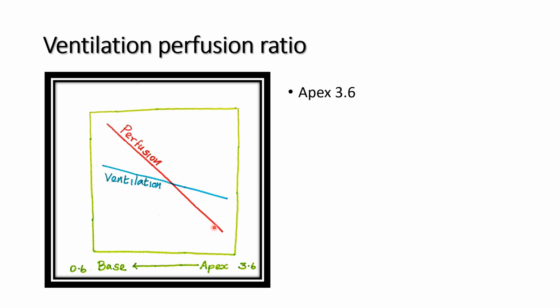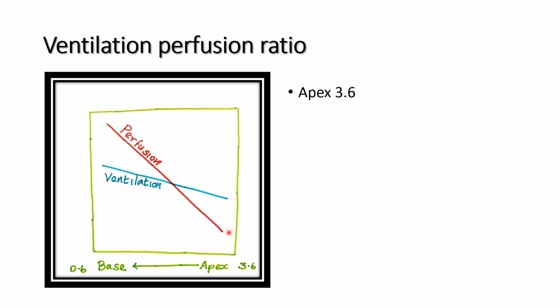From apex to base, ventilation increases, and perfusion also increases. In the apex region, both ventilation and perfusion are low, but at the apex, ventilation compared to perfusion is more.